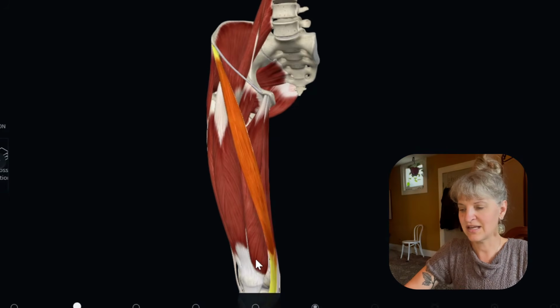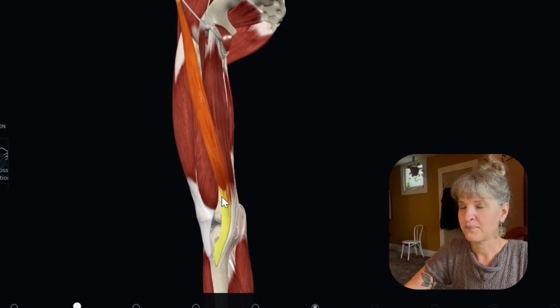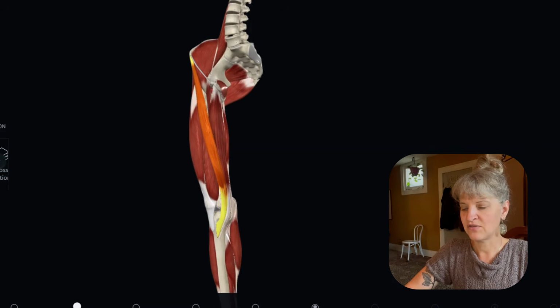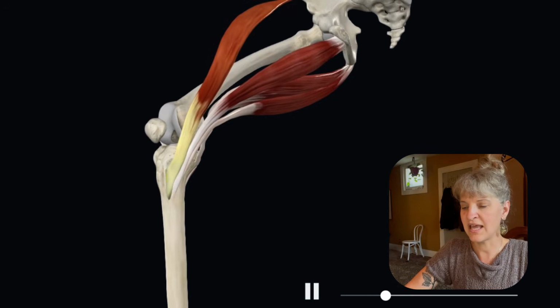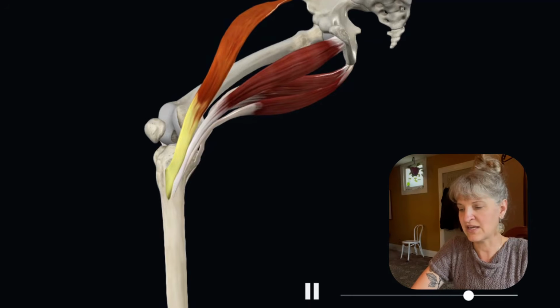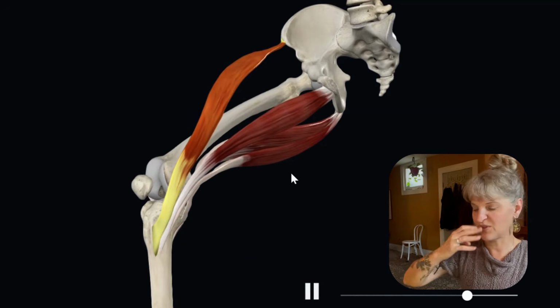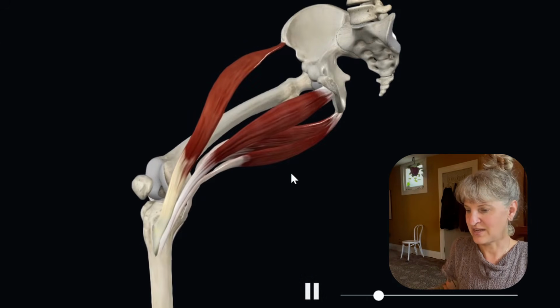So that's the most anterior of all of the pes anserinus muscles. So its big thing is hip flexion, knee flexion. If you go to flex your knee and your hip at the same time, you're totally engaging that Sartorius. And if you do a knee twist or a foot twist, you're totally engaging that Sartorius.